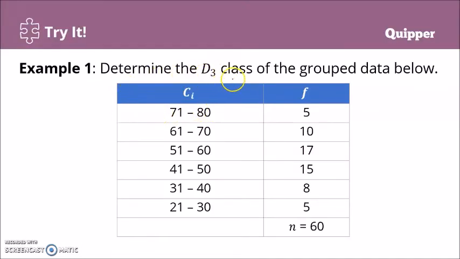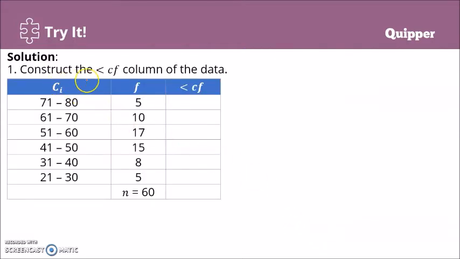Determine the D sub 3 class, or the third decile class, of the group data below. So we have here the frequency distribution table where our N is equal to 60. Our first step is to construct the less than cumulative frequency. Let's supply the values here. Now remember, from top to bottom, that is highest to lowest.